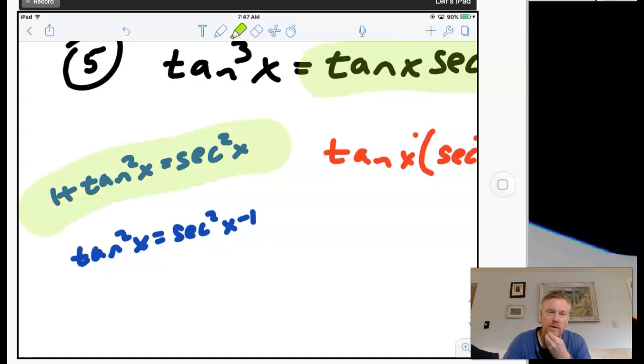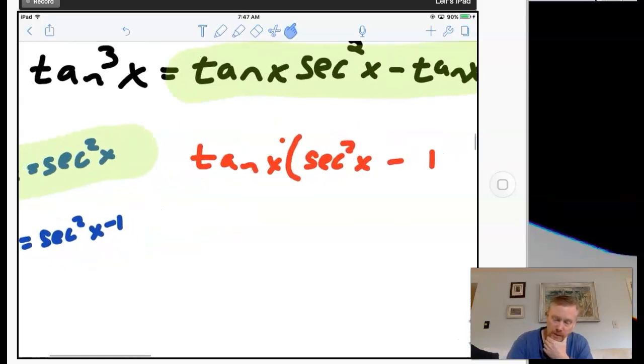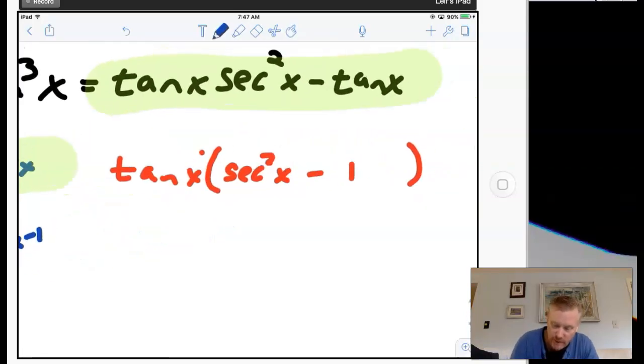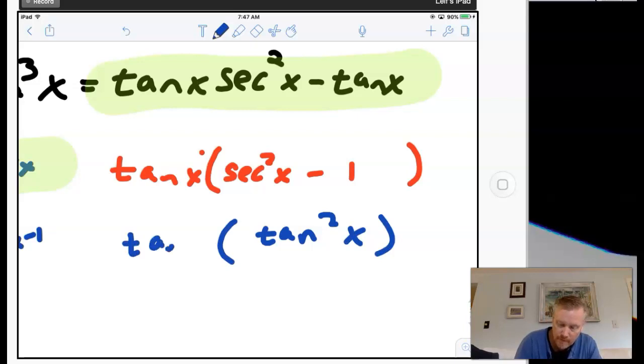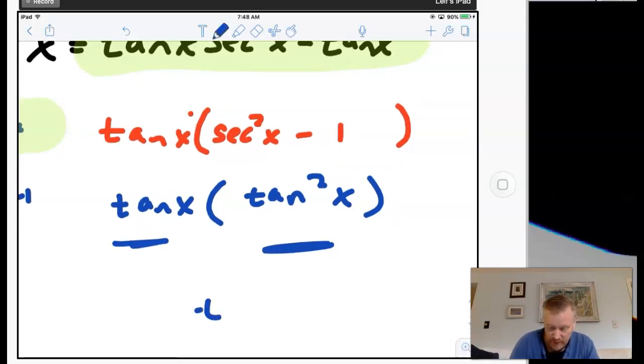Which means if I take that equation and I subtract 1 from both sides, I get tangent squared equals secant squared minus 1, which means this here is going to be tangent squared of x, okay? Which is beautiful because now I've got two tangents over here and one tangent there. So if I multiply those together, I get a tangent to the third.